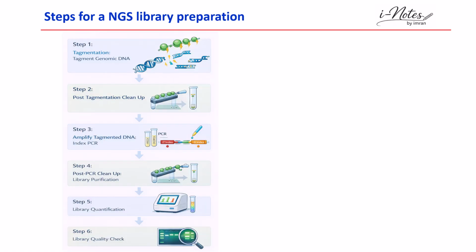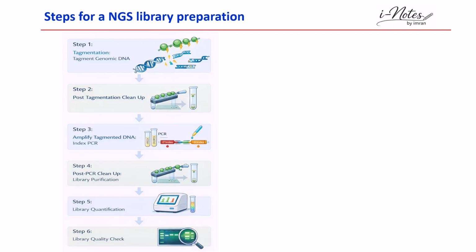So as I understand, a genomic library is a smaller DNA fragment that has adapters at both ends. We could easily predict that genomic DNA library preparation, or NGS library preparation, involves the conversion of complex DNA into smaller DNA fragments of desired size. This step is basically achieved by a process called tagmentation.